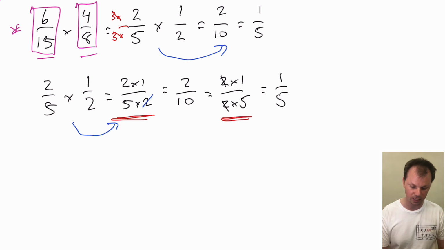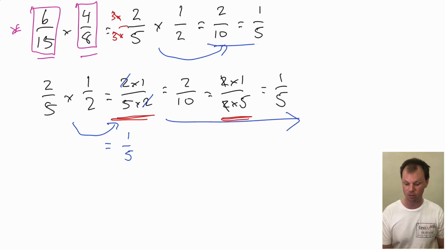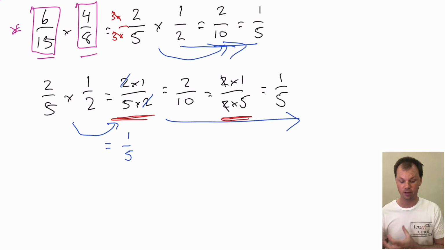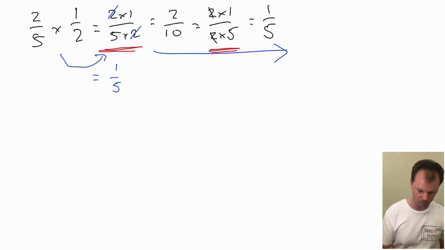So we can simply cancel here and we end up with 1 on 5. And we don't have to show all of this working. We don't even have to do this multiplication step here because we've already got the simplified answer by cancelling there. Now, there is an even simpler way to do this.